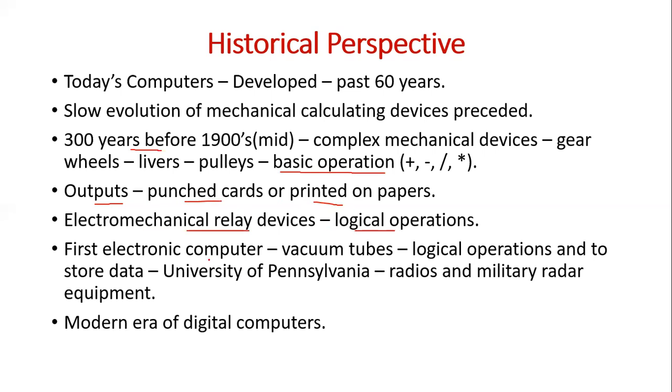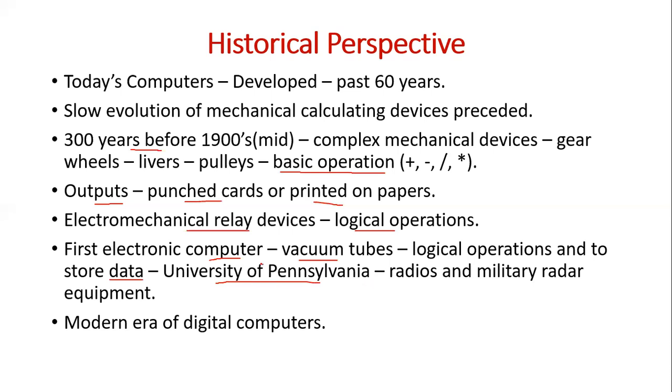And the first electronic computer used vacuum tubes for performing logical operations and to store data. It was created by the University of Pennsylvania, and it was used in the Second World War.